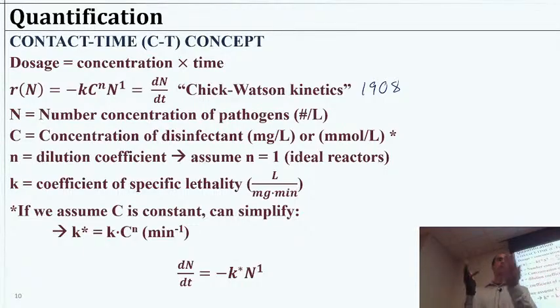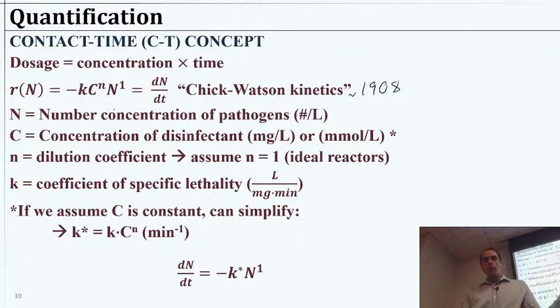Identified that, hey, if we do disinfection, it should follow this first order rate constant, assuming we hold the chemical disinfectant approximately constant. You can actually go look up their paper. I think it's 1908. And it's like pretty useful, readable. It's like pretty cool to see that. So if you ever wanted to dive into like really old literature in our field, I recommend it.